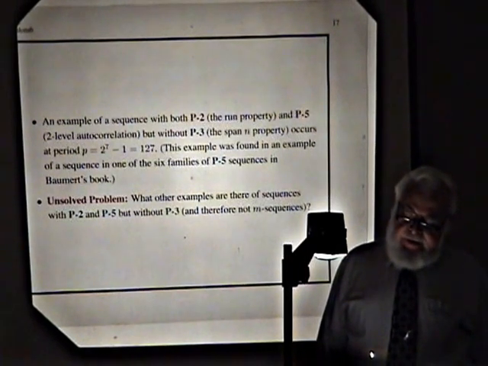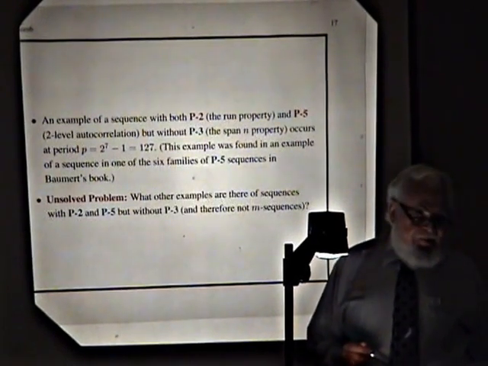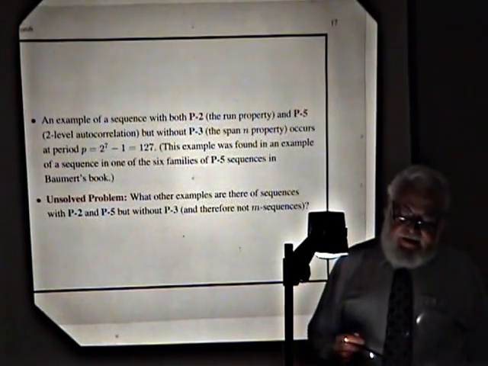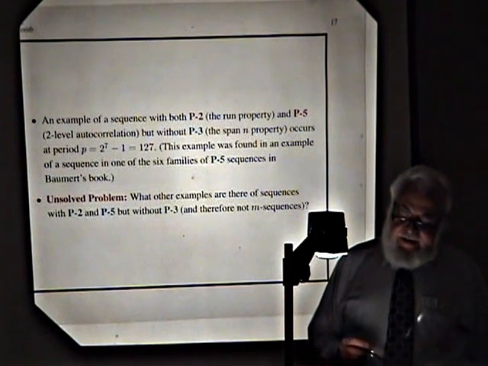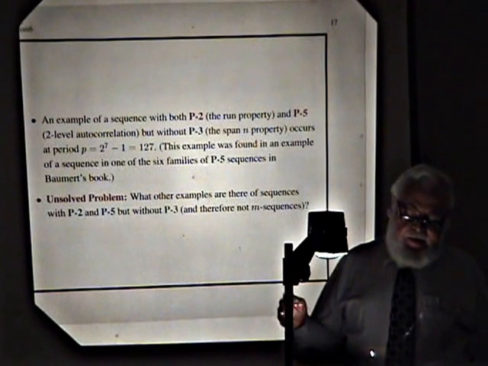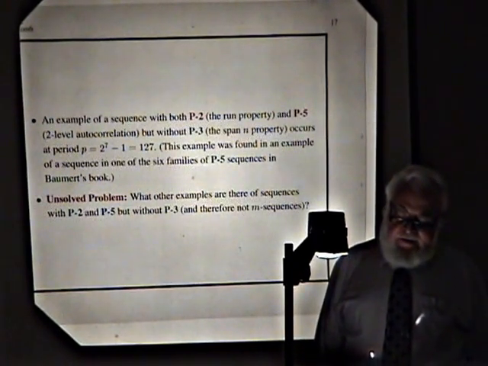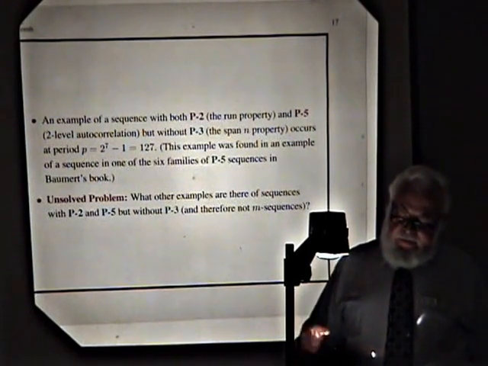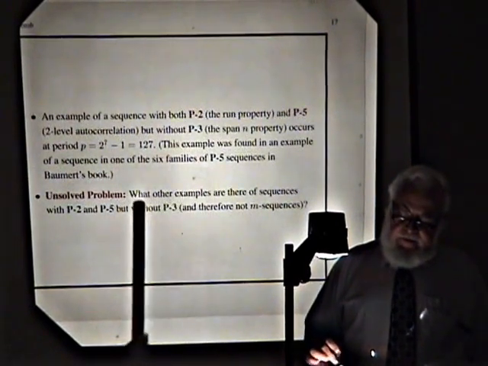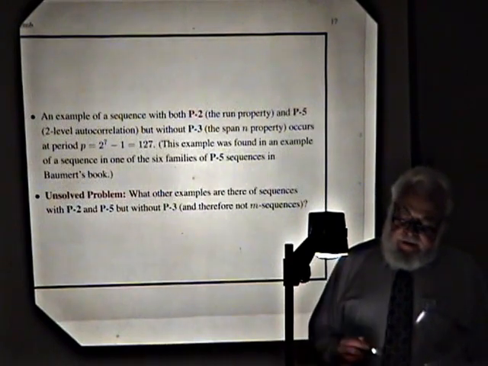And actually the example of the family where this occurs is not the example in Baumert's book, but from a given example, sequence a_i, if you replace the subscript i by qi, where q is relatively prime to the period, you get other sequences that we consider equivalent to the starting one. And it was one of the sequences equivalent to an example in Baumert's book that was found to have both the run property and the span n property.